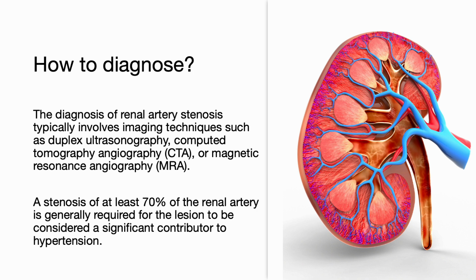The diagnosis of renal artery stenosis typically involves imaging techniques such as duplex ultrasonography, CTA, or MRA. A stenosis of at least 70% of the renal artery is generally required for the lesion to be considered a significant contributor to hypertension.